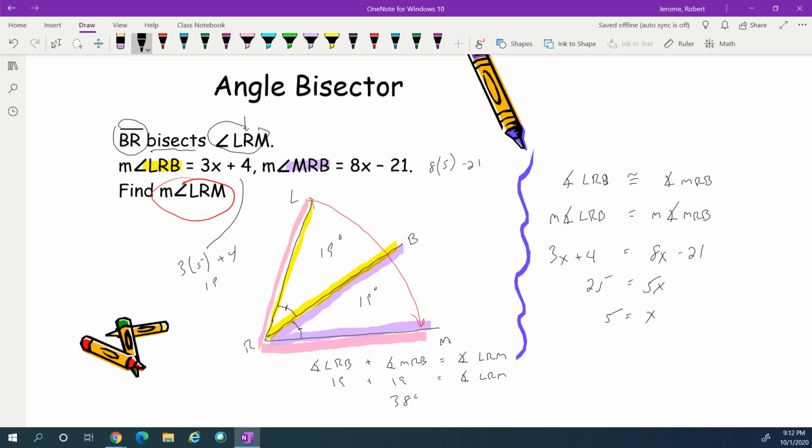So 38 degrees is angle LRM. And again, a little m in front of it, technically. And we have our answer.